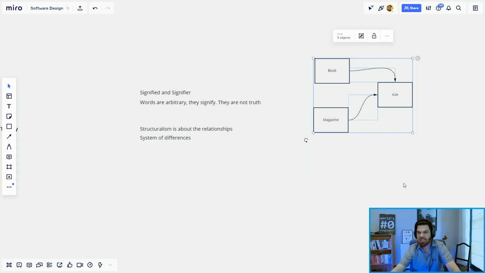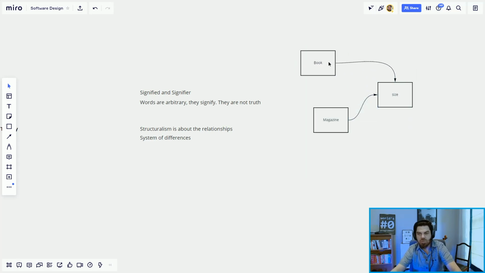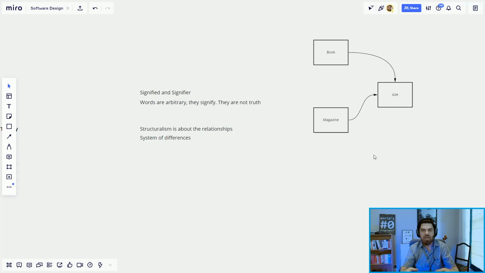Structuralism is basically the idea that we don't understand this term in isolation. We only understand it within the context of where it sits, the relationships with yet other terms. So all the terms together equal something that we can understand or reason about. And we can be much clearer about a particular concept if we understand all the related concepts.